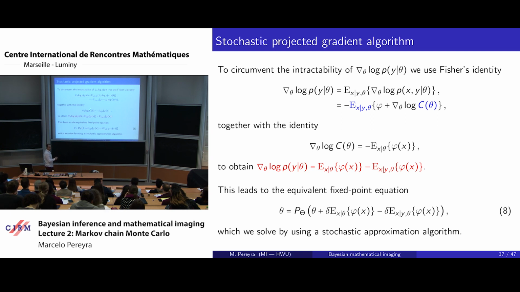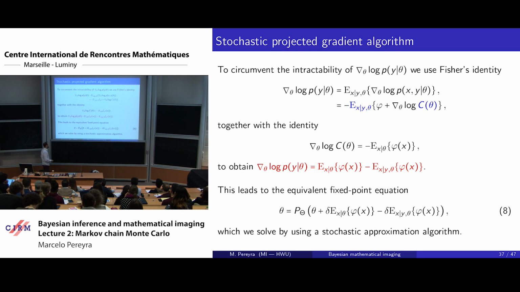And now this is useful in the other sense, not because I want to set the expectation, but because I want to replace the gradient by an expectation. So what I obtain is that the gradient of log p of y given theta, which is intractable, is in fact the difference of these two expectations, which I could compute if I had samples of x from the prior and from the posterior.